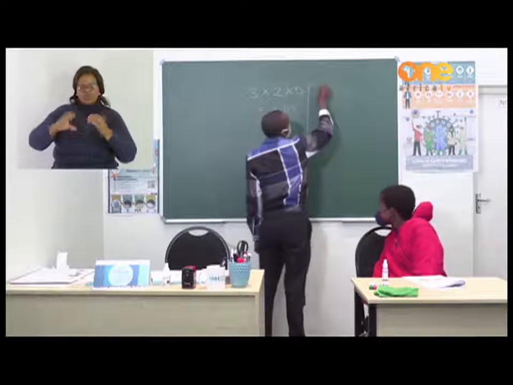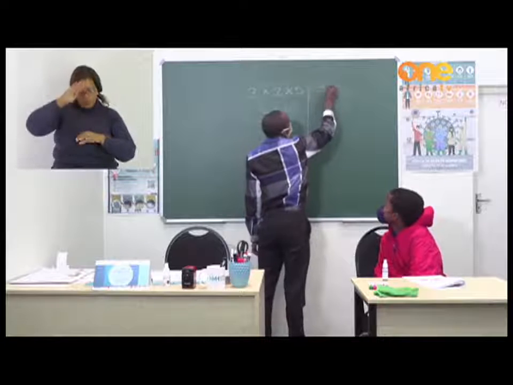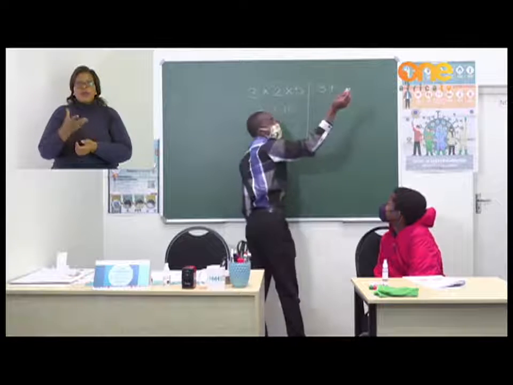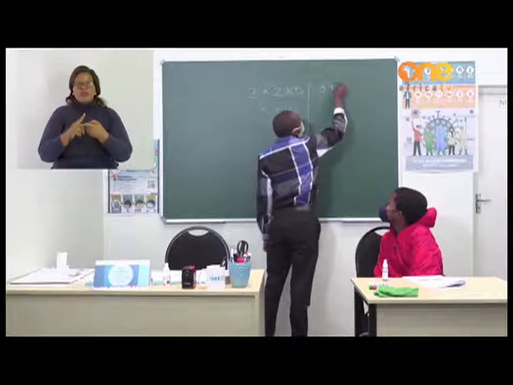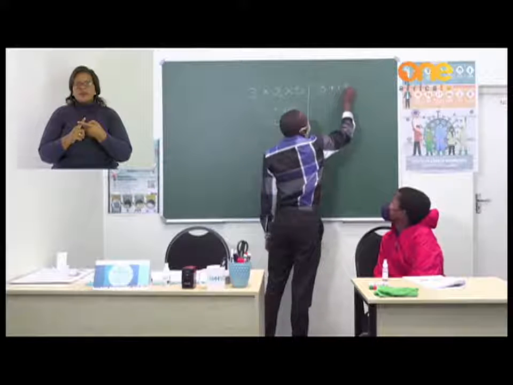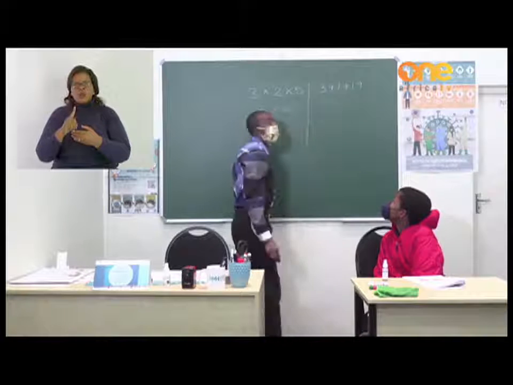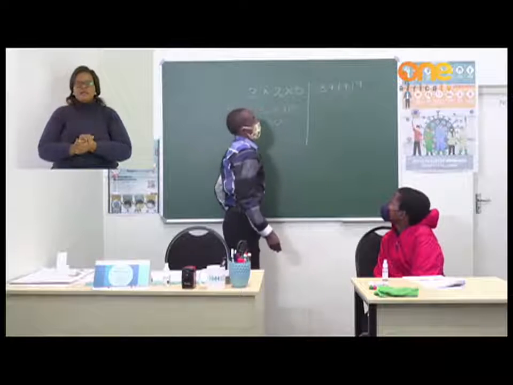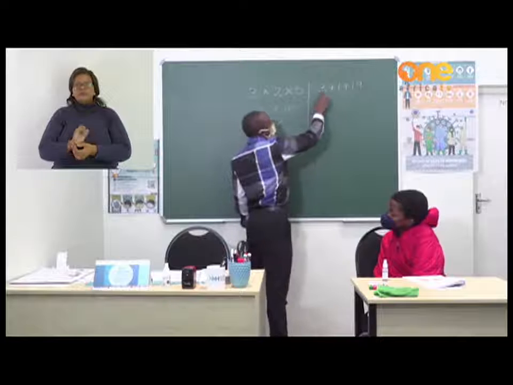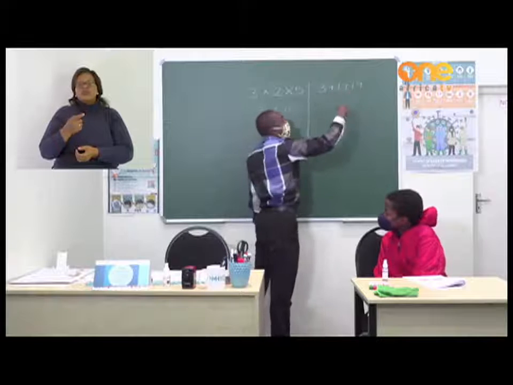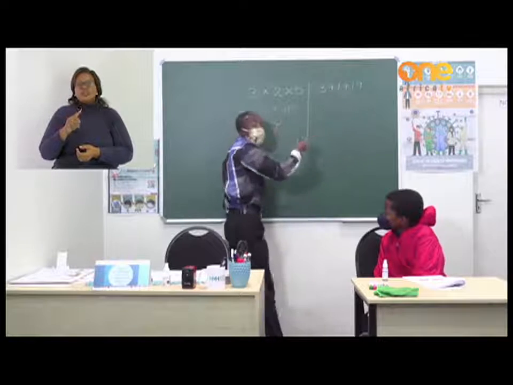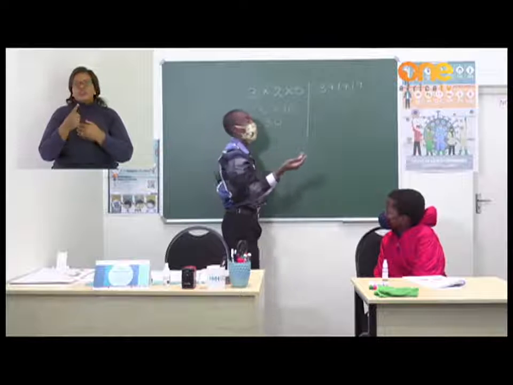Say, for example, I have 3 plus 1 plus 19. Instead of saying 3 plus 1 will give me 4, plus 19, that will give me 23, which is not wrong. What is the easier way to do it?